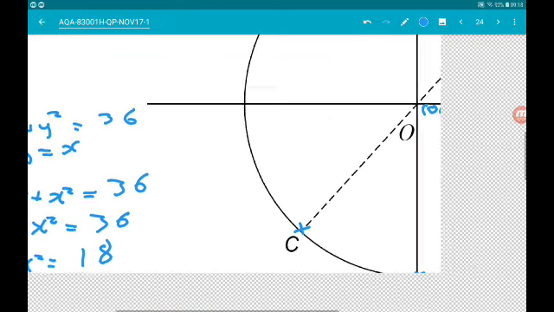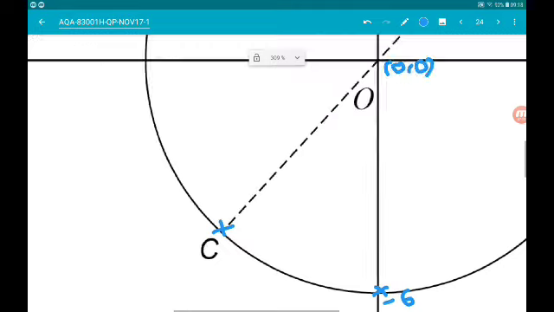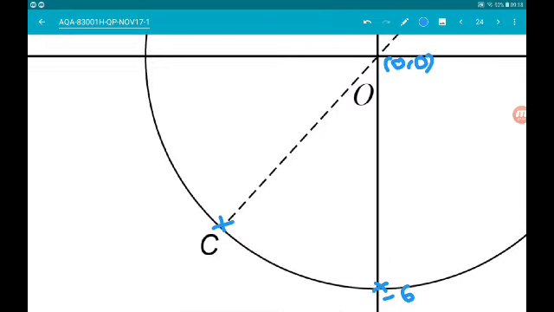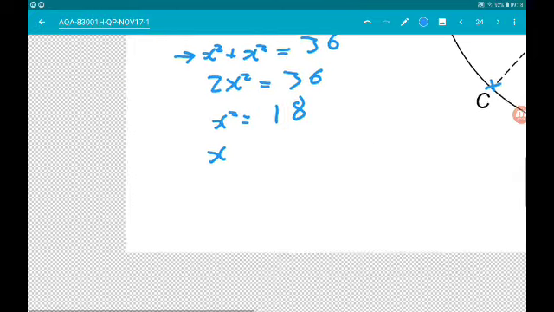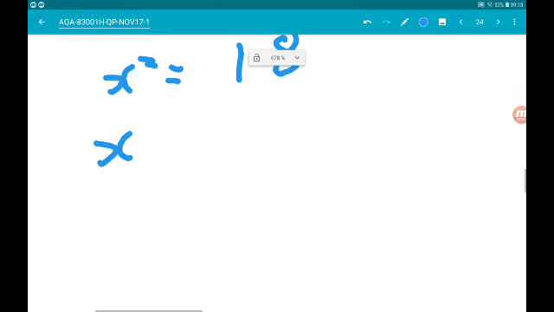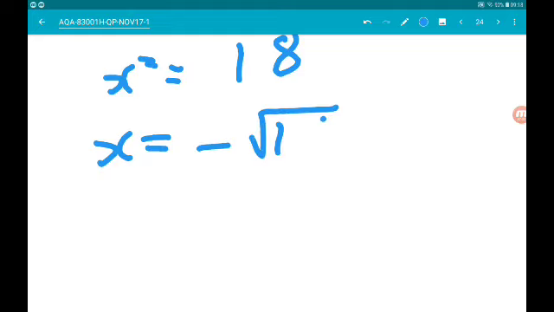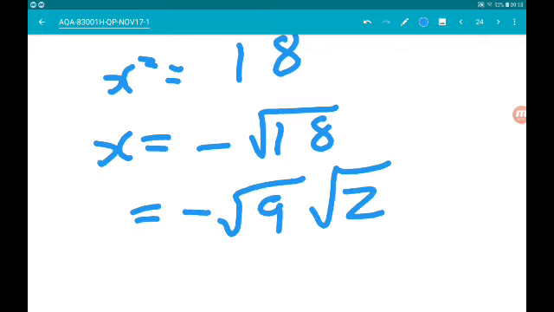We are in negative x territory and negative y territory too. So x is going to be minus root 18, which is minus root 9 root 2.